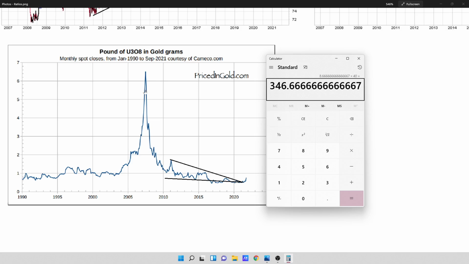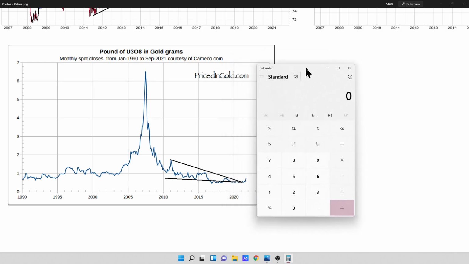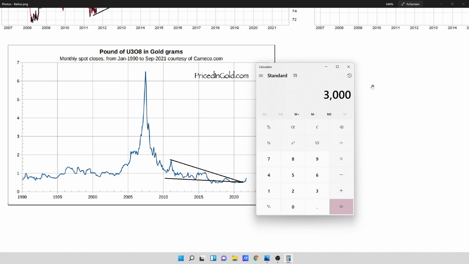Now, if the ratio, and I'm going to talk about pounds per ounce because that's what I'm more familiar with. If we get to, let's say gold goes to $3,000, and I'm going to divide it by, a low is about 4. So if we go to 4, that gets me at $750 per pound.